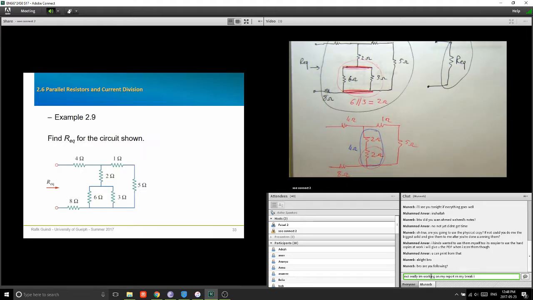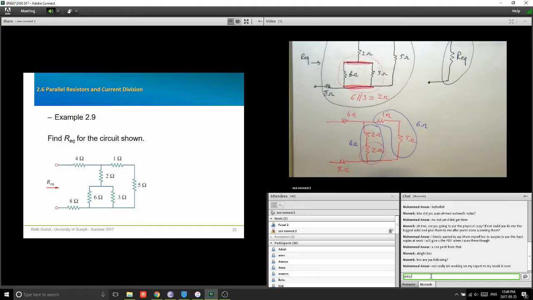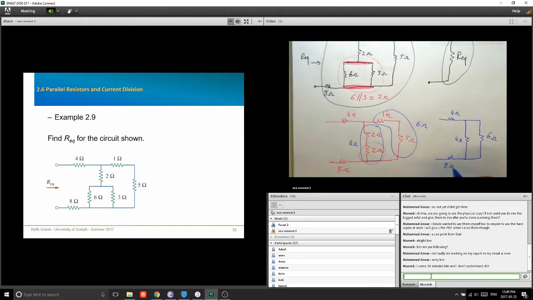Can anybody see that? They're also in series. Okay, so this is 6 ohm. So now I have a network that looks like this. 6 ohm here, 4 ohm here, 4 ohm, 8 ohm.